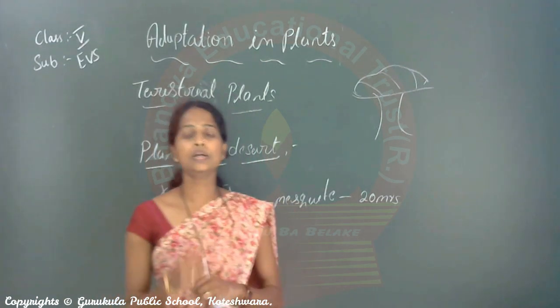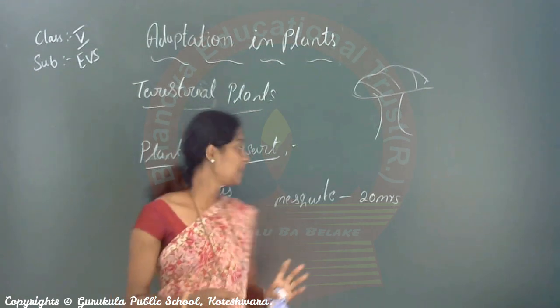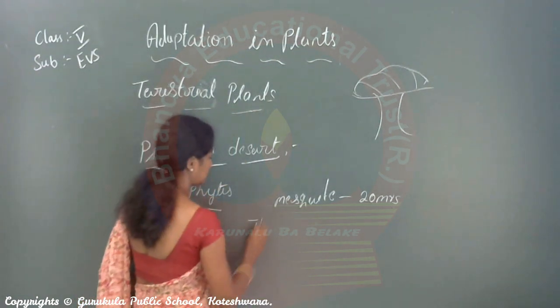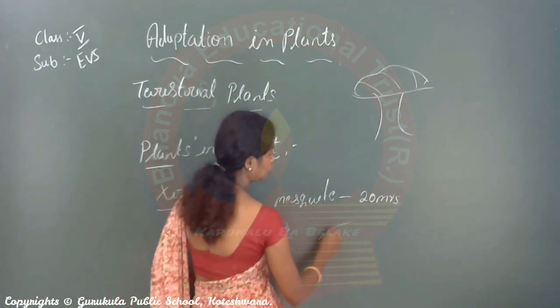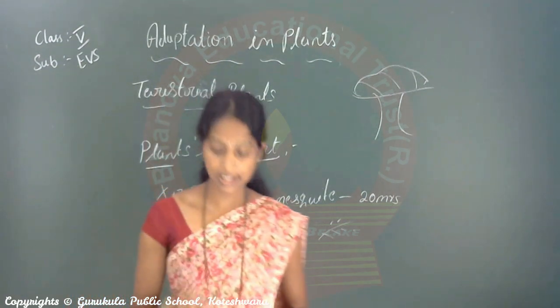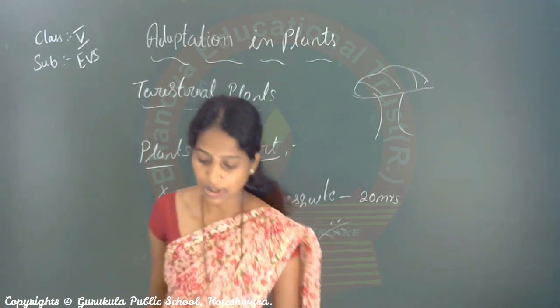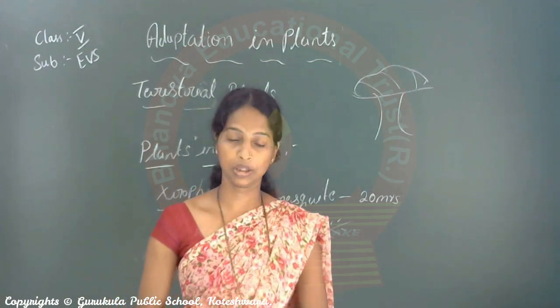Most desert plants have thorns. This reduces loss of water.